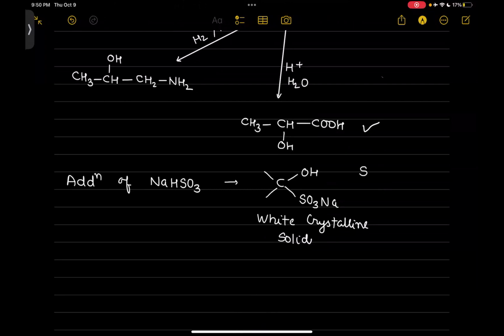There the name was cyanohydrin. Is that clear? Sodium bisulfite adduct is a white crystalline solid. I hope it's clear to everyone.